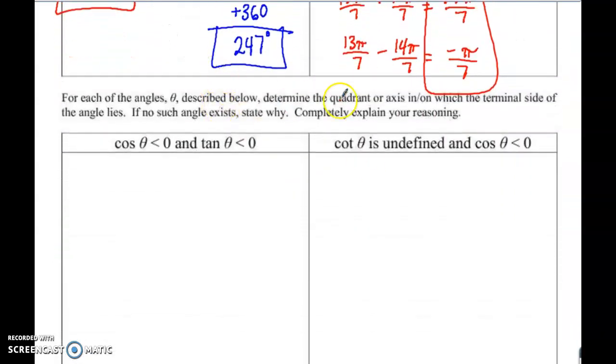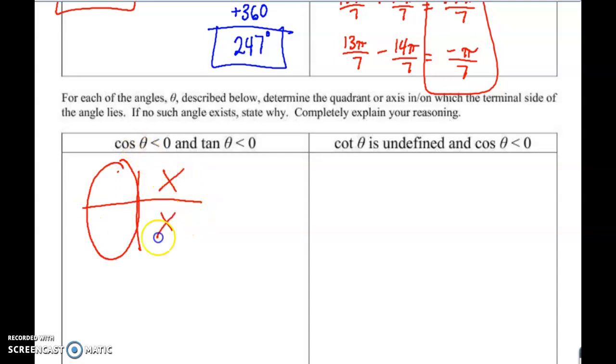So for each of the angles, determine what quadrant. I think we've done this before, just kind of adding to this. So if cosine's negative, your reasoning is fine if you go ahead and just circle. Okay, well, cosine's negative in the second and third quadrant. Cosine's positive in the first and fourth. Tangent is negative in the second and fourth. Tangent's positive in the first and third, leaving us with quadrant 2, Q2.